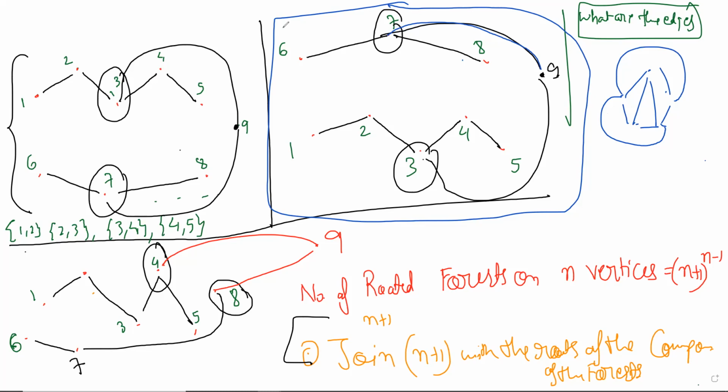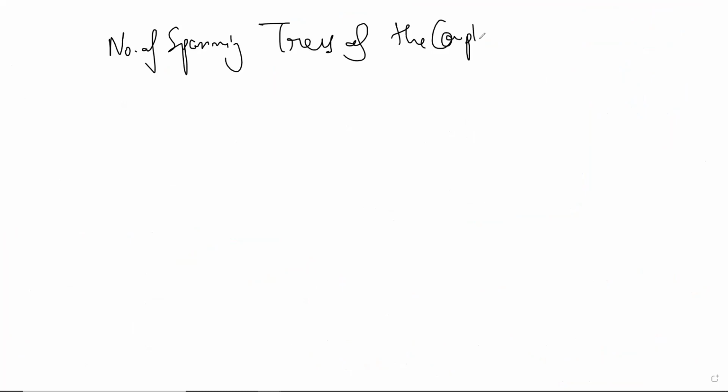So that's it for today. A little bit more I was going to say is that what we are doing can be seen as the number of spanning trees of the complete graph. When we just say number of trees on n vertices, you can look at it also as the number of spanning trees on the complete graph on n vertices.